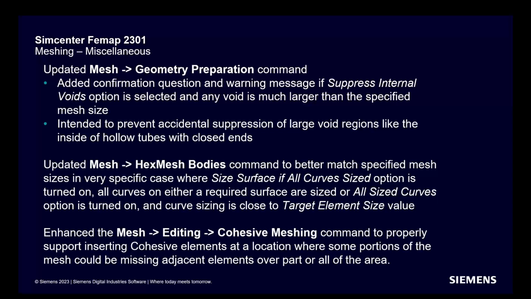Actually, I think this is related to the new hex mesher, but basically there's a fix where it'll actually retain the mesh sizing in specific cases. And then there's also improvements to the cohesive mesher, which basically improves the robustness of inserting cohesive elements.